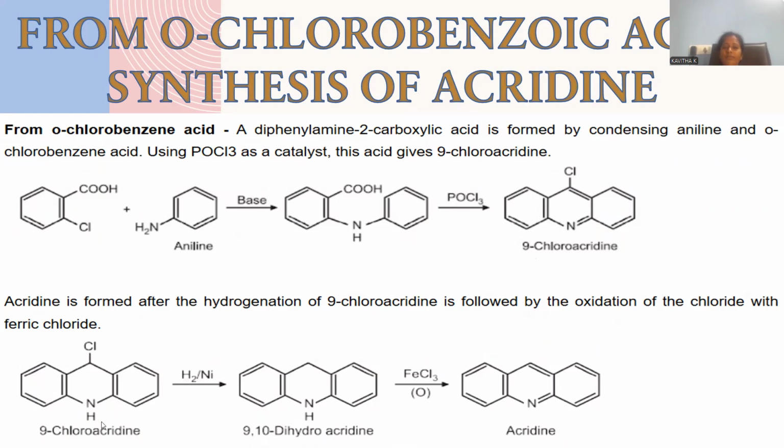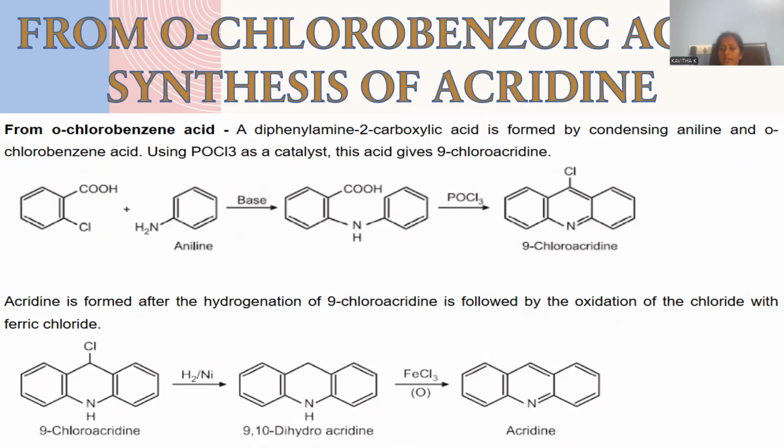This 9-chloroacridine is treated with hydrogen in the presence of nickel. Hydrogen with nickel is a metal mediated reduction process. The chloro is immediately removed, giving rise to a certain extent of saturation over this acridine, which is called dihydroacridine.